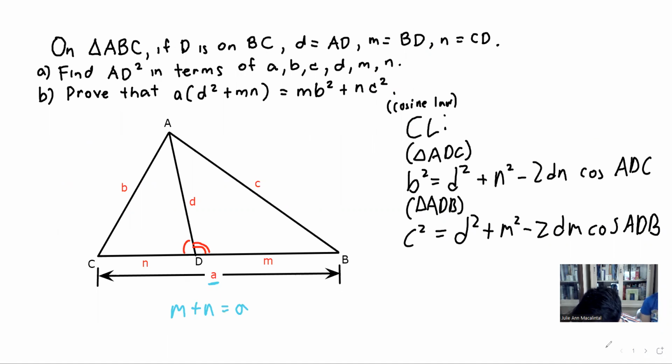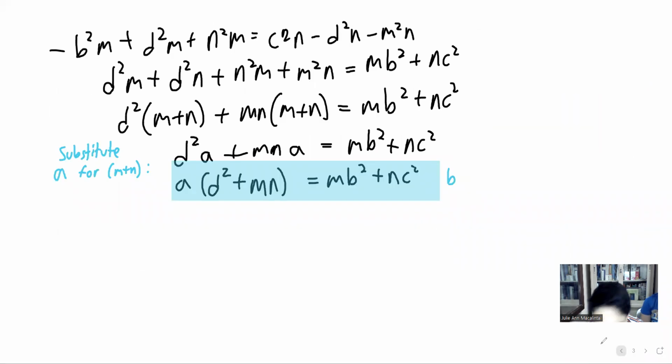Actually, I'd like to point out that if we distribute a, we can rewrite it in such a way, and then we can just expand this b squared.